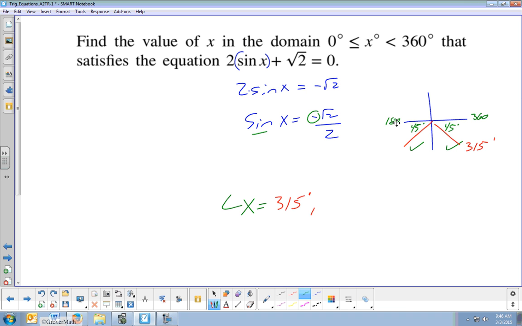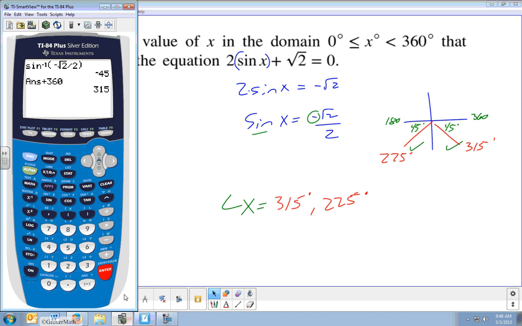And 45 past 180 is 225. But the beauty is I can certainly check this in my calculator, because now I'm going to type in sine 315, and I'm looking for negative radical 2 over 2, but as a decimal, that is negative 0.707. And sine 225, same deal.